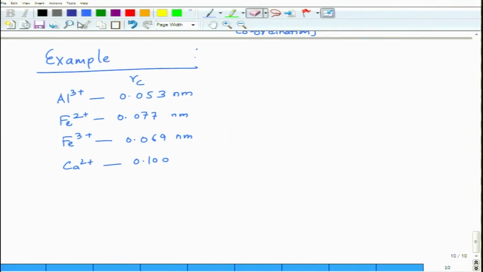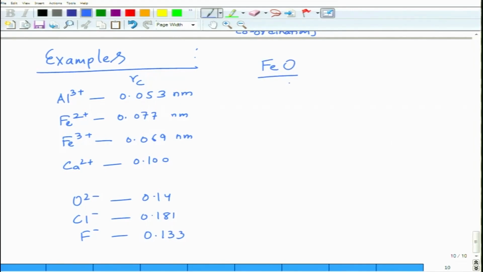Okay. And then various anions: oxygen has a radius of 0.14, chlorine has a radius of 0.181, and fluorine has a radius of 0.133.